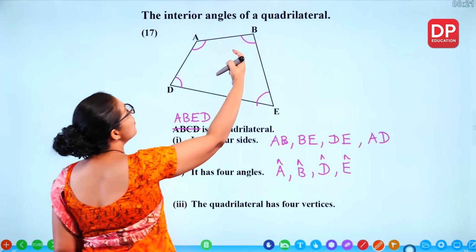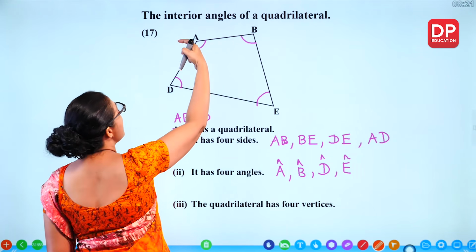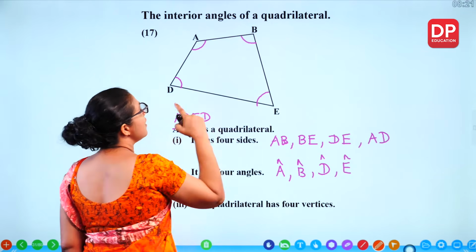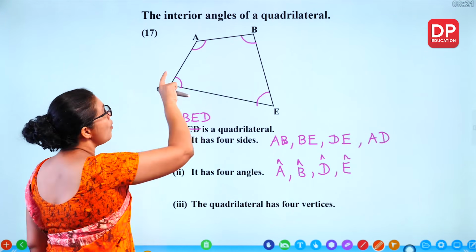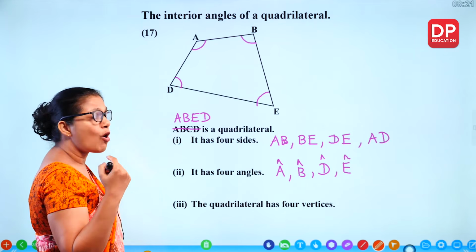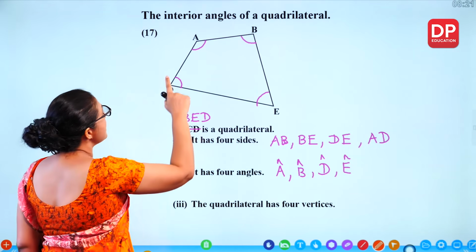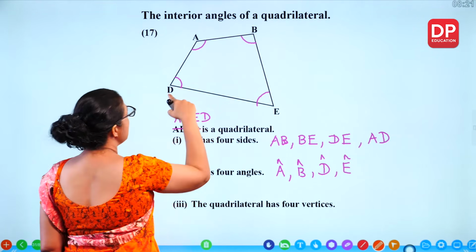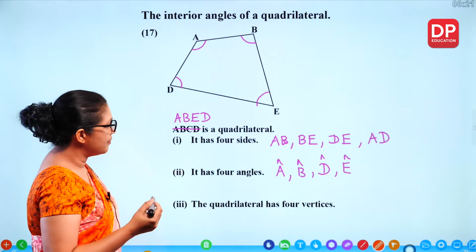Or if you go this way, you can say ADEB. So you have to go anti-clockwise or clockwise when you are labeling a quadrilateral. So you can say ABED is a quadrilateral.